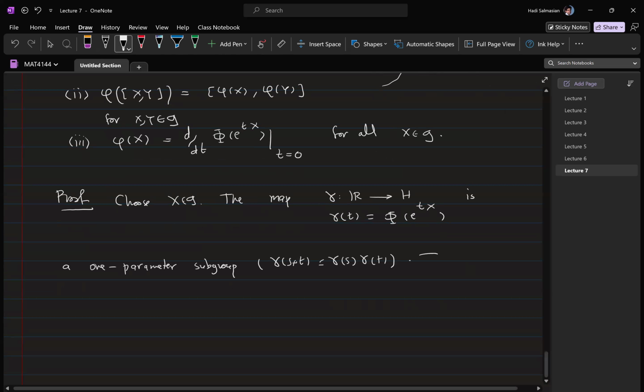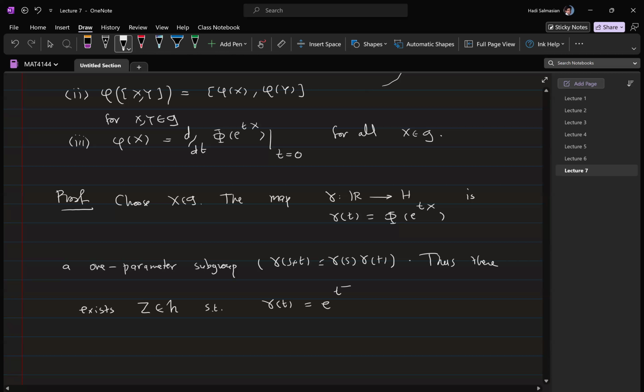All right. Thus, there exists some z, in fact you can assume that this is in H, such that gamma of t is e to the power tz for all t in R. A priori, from this classification of one parameter subgroups, we know that this z is a matrix in GLnC.